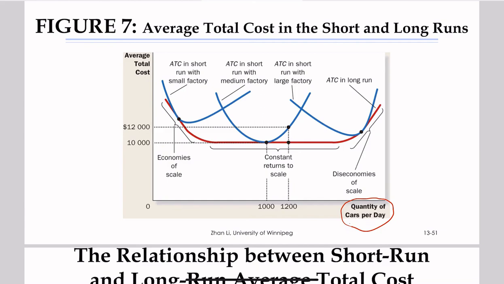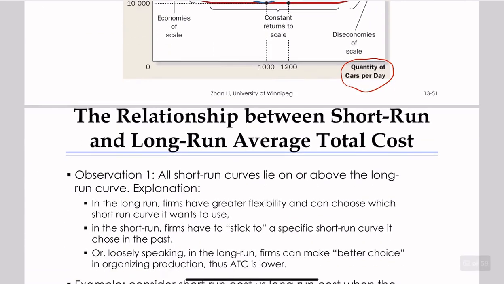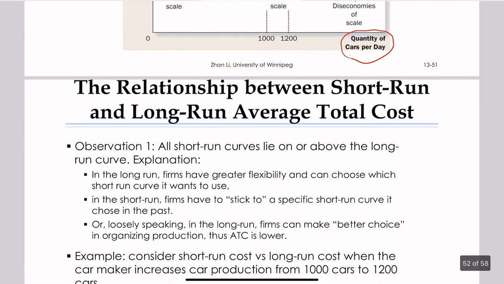So why do we get this result? Well, the reason is because in the long run, firms have more time to make adjustments. So this basically means that firms have larger flexibility in the long run. So this tells you that in the long run, these firms can make better choices in organizing their productions. So the ATC curve will be lower, right?